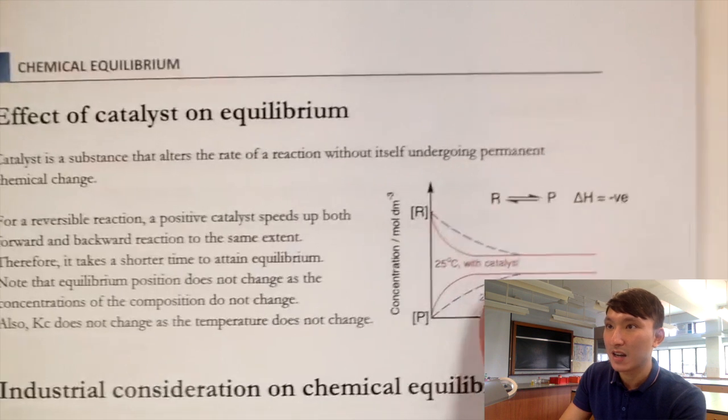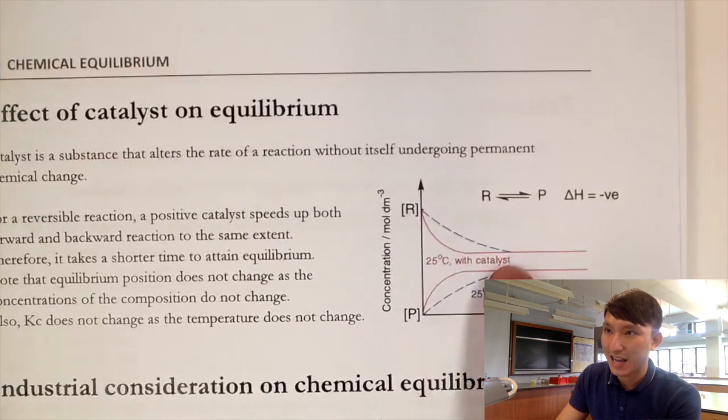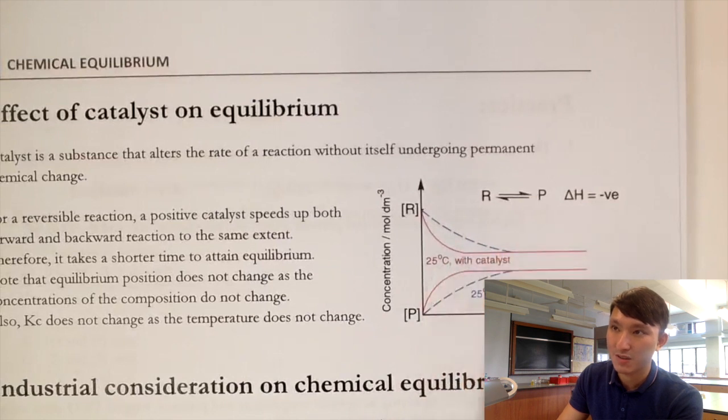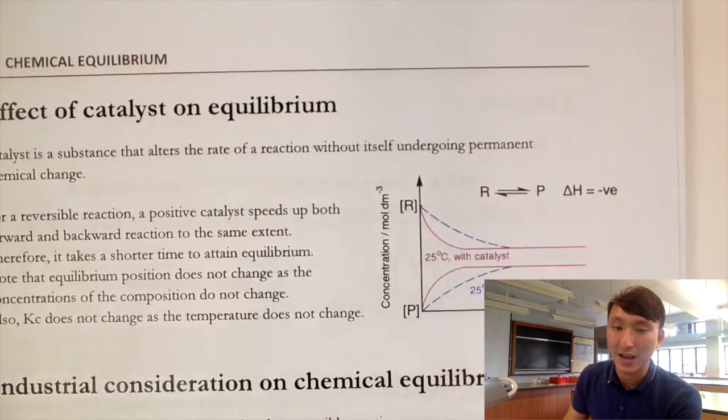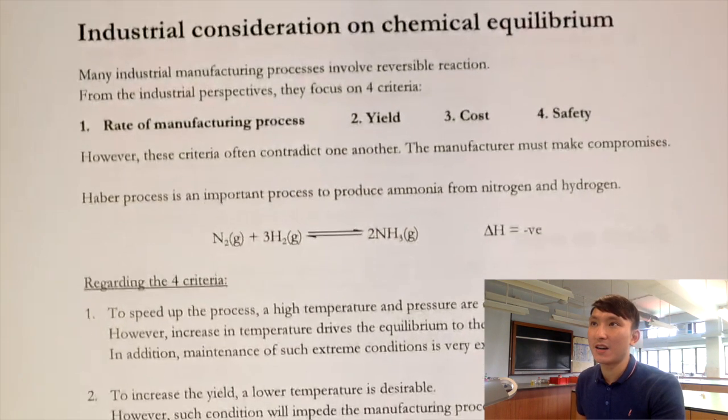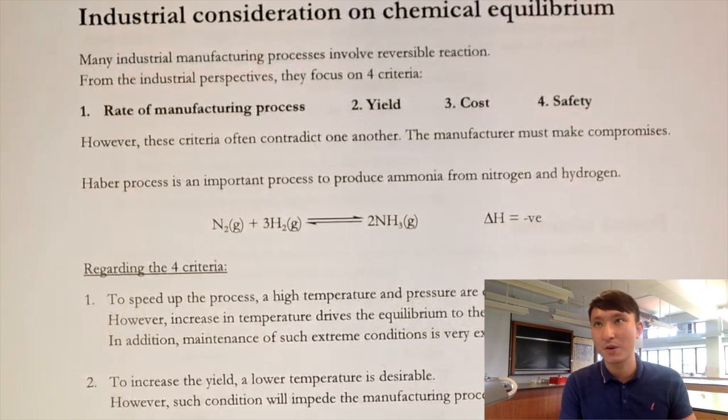So you see from this graph, when you have the catalyst, you reach equilibrium earlier than the one without catalyst. But then everything remains unchanged. Same equilibrium concentration. Okay?